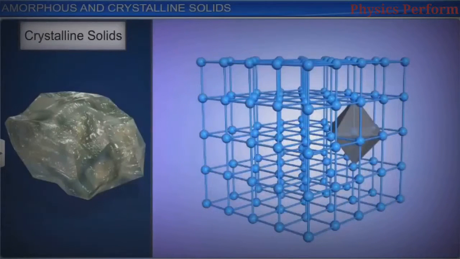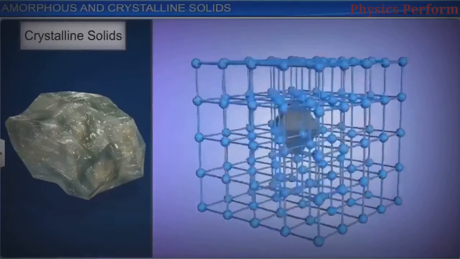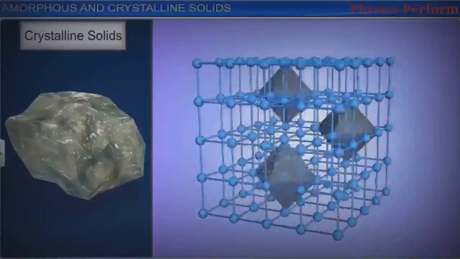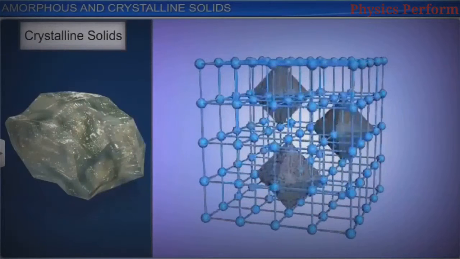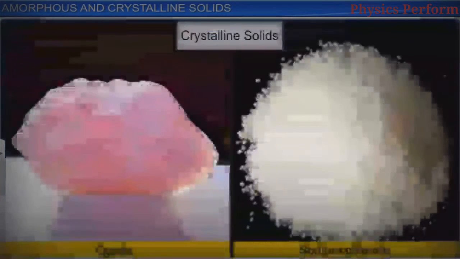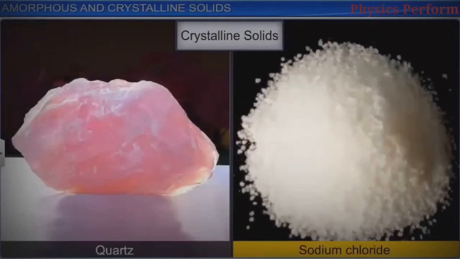They are arranged in an orderly manner to give a definite geometry to the crystal. Thus, a crystal is defined as a solid figure that has a definite geometrical shape, with flat faces and sharp edges. Quartz and sodium chloride are examples of crystalline solids.